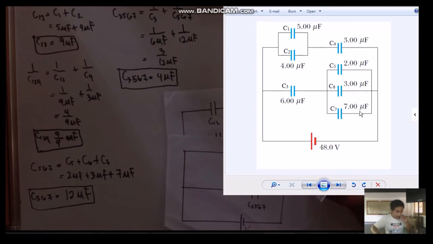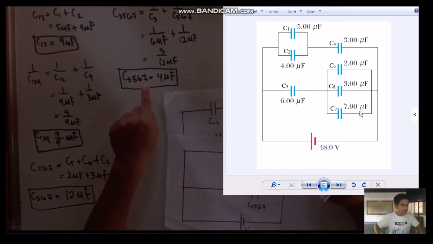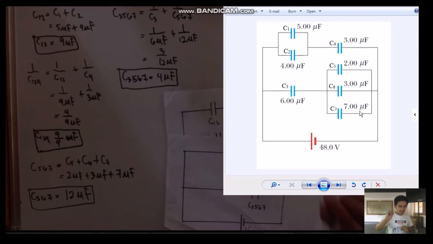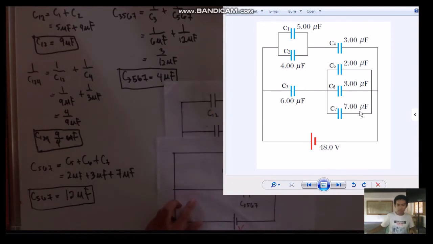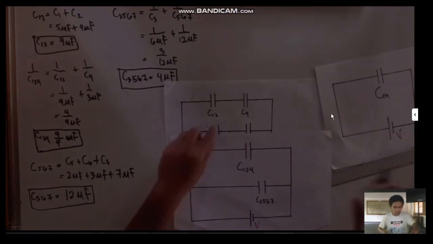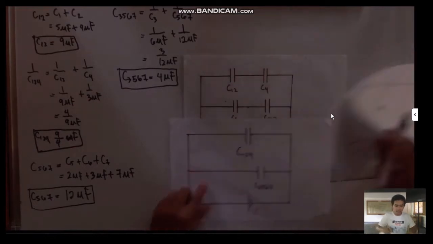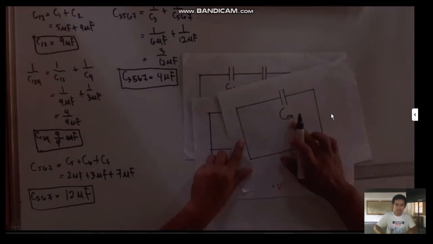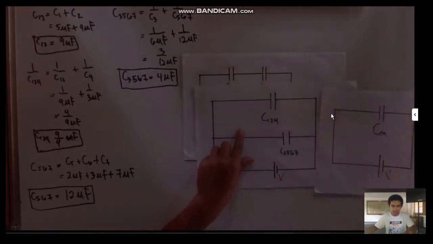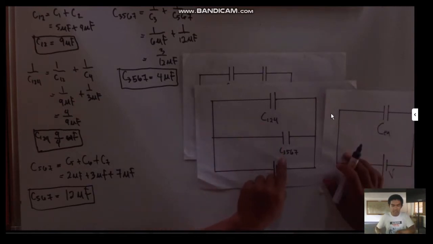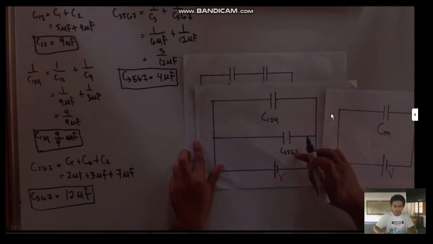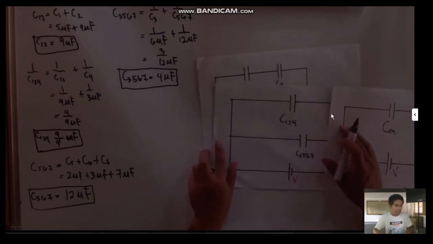Okay, so we have C3567. Then we can obtain the equivalent capacitance. The equivalent capacitance is the combination of C124 and C3567. C124 and C3567 are parallel.